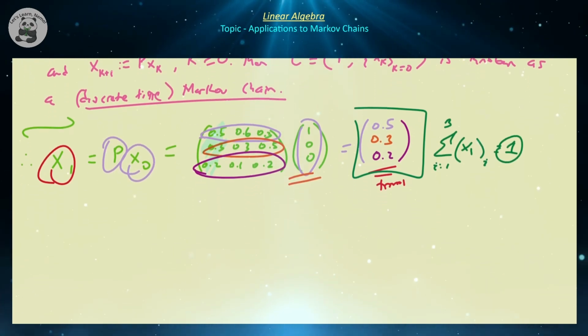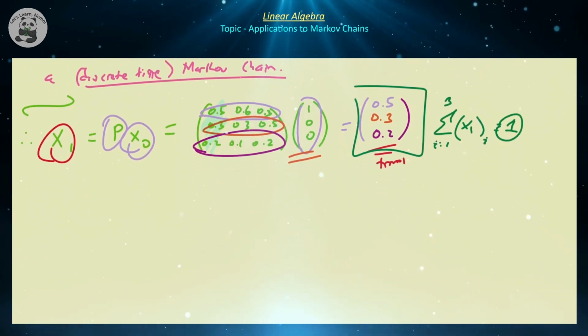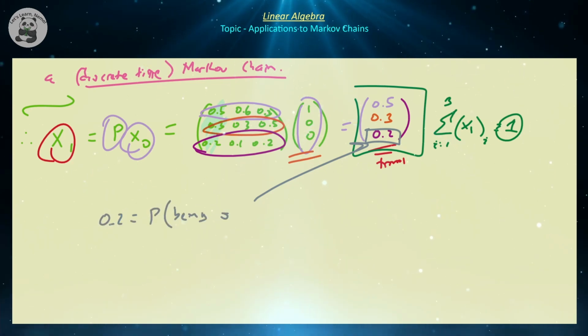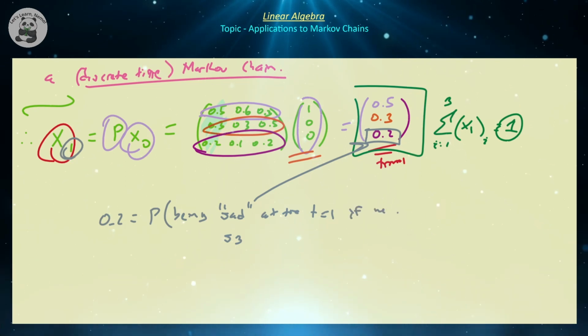So how are we going to interpret these probabilities in x1? If we look at these numbers, for example, let's focus on 0.2. 0.2 is the probability of being sad, or being in state 3, at time t is equal to 1, that's the 1 subscript here, if we start in the happy state, i.e. state 1.